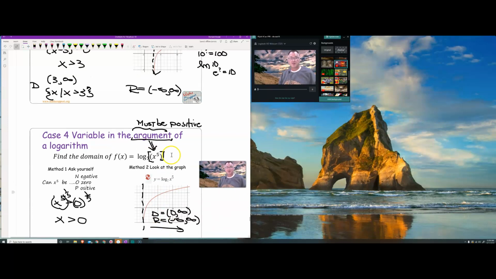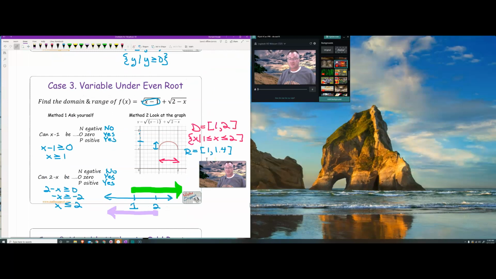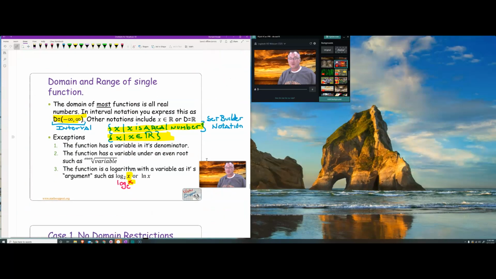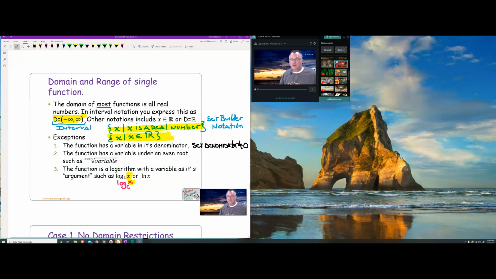Okay? All right, so to summarize all of these, if you have a variable in the denominator, you're going to set the denominator not equal to 0. Okay, kind of messy writing, sorry. All right.